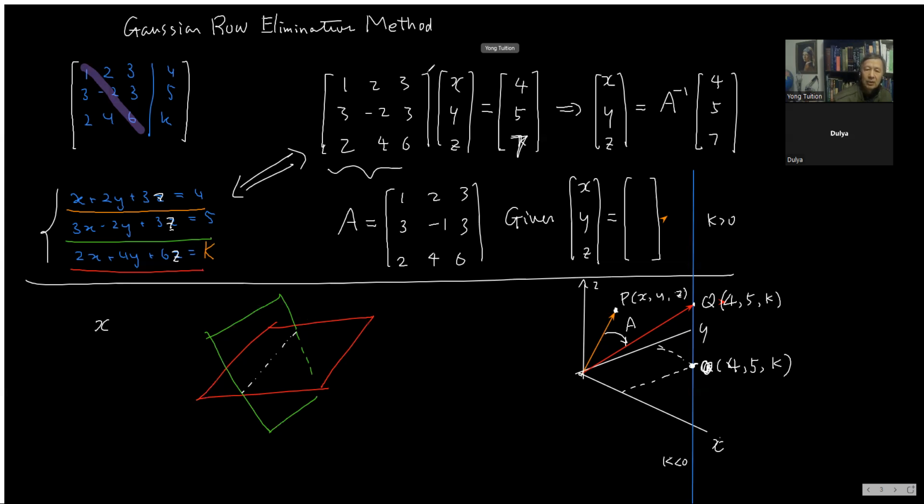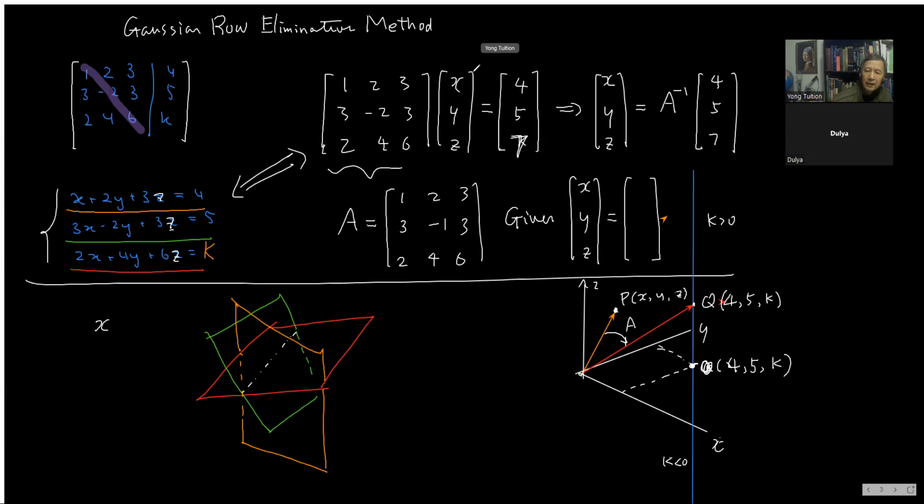Let's draw several scenarios. This will be the original color. If the third plane is in that case, can you see? That is the third plane. Can you see this diagram?